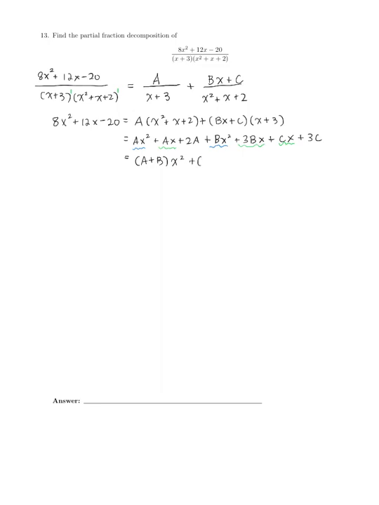So it looks like what we're going to get is a plus 3b plus c times the x, and then all the constants are 2a and then 3c. So here you're going to go plus 2a and then plus 3c. Okay, so let me just keep that for now.